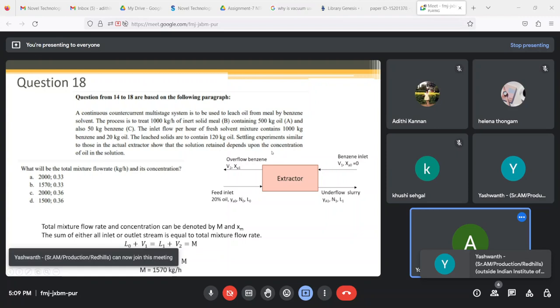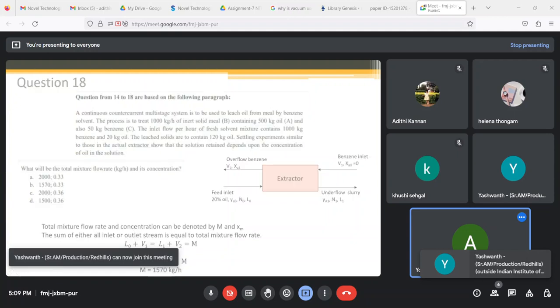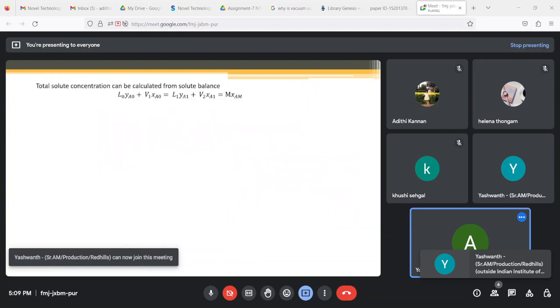We need to calculate what is the concentration in the mixture. This was an overall balance. In order to calculate the concentration, we need to do a component balance. So that component will be oil. The total amount of oil in the inlet feed plus total amount of oil in the inlet solvent is equal to total amount of oil in the outlet feed and amount of oil in the outlet exit.